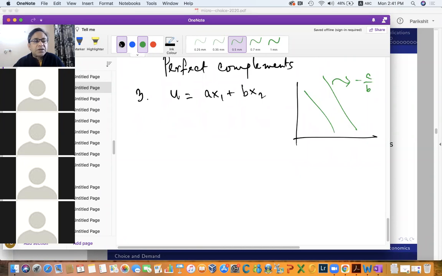What is MRS over here? a by b. Set that equal to p1 by p2. And we get a rude awakening. This is useless because everything here is parameters. x1 and x2 don't figure here. So this is of no use to me to solve for the optimal values.